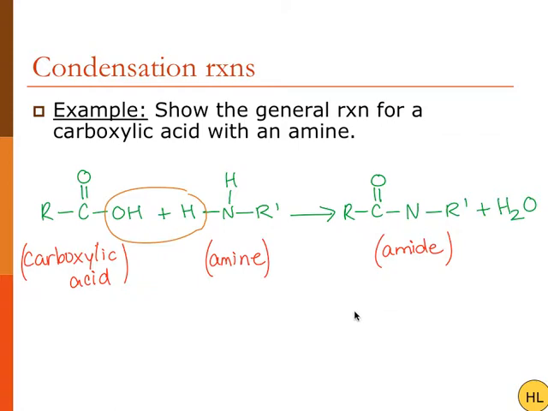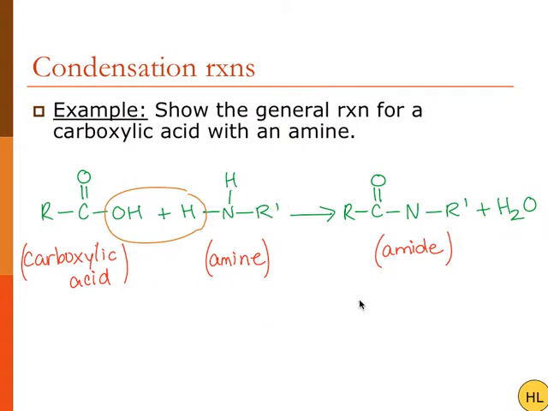A lot of times it's useful to show a general reaction for a carboxylic acid or for any type of reaction. And if you remember, the R just stands for a chain, a carbon chain, an organic compound. If I want to show two different ones, I use things called prime. If I had reason to show a third one, I would use R double prime.